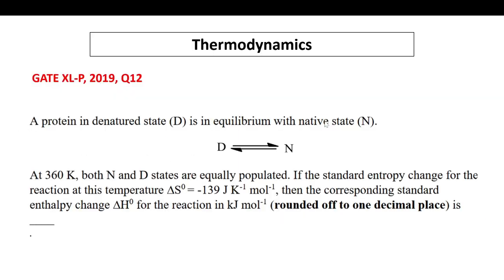So by looking at it, the first thing you should do is find the K equilibrium. It is said in the question that at equilibrium the concentrations of both the native state and the denatured state are equal.